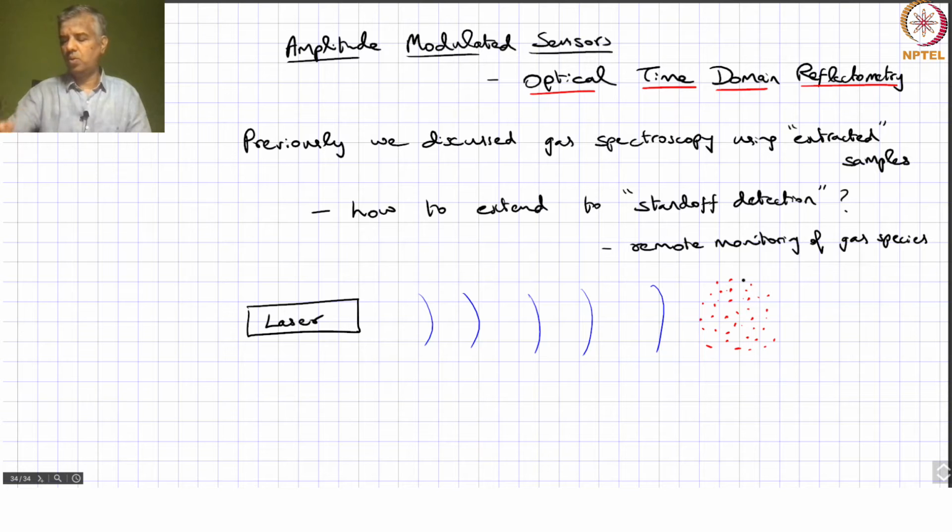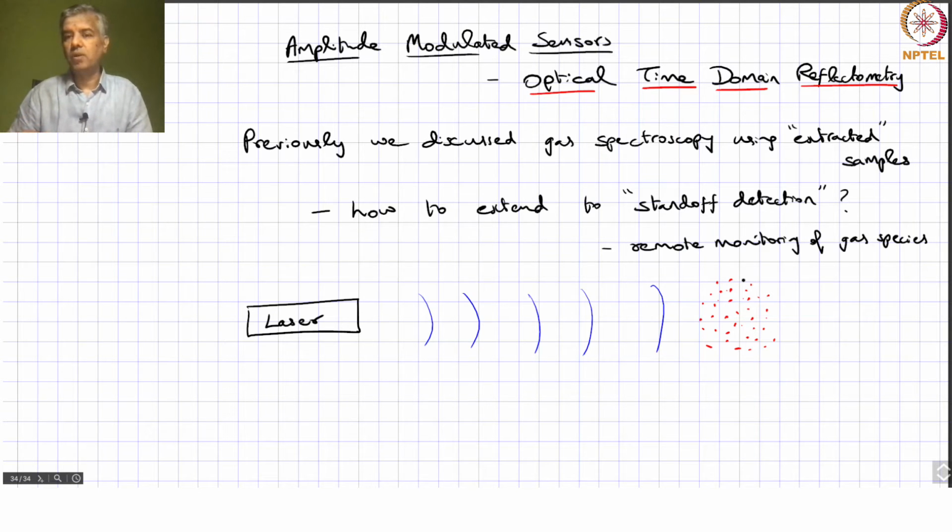Okay, so how do we now identify this gas species, what type of gas it is, and what concentration of gas is present, maybe as a function of the spatial distribution also? Is it possible to do something like that?